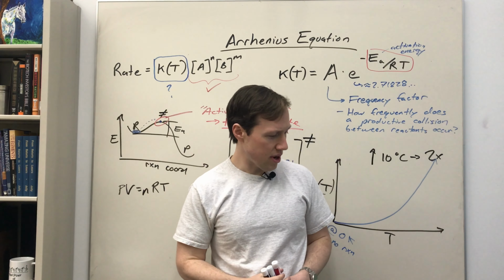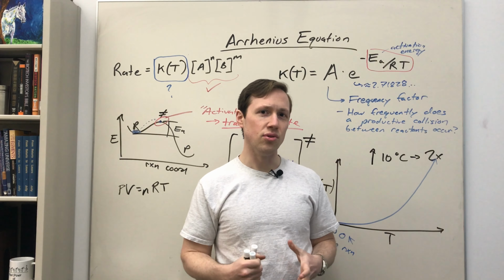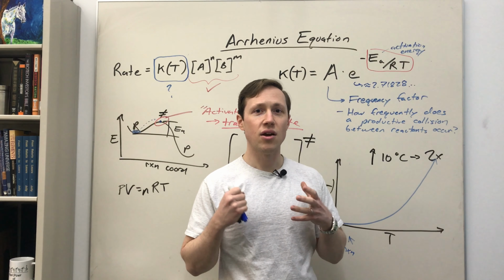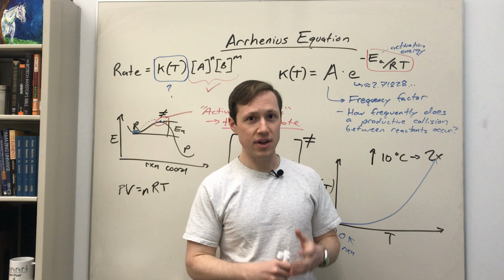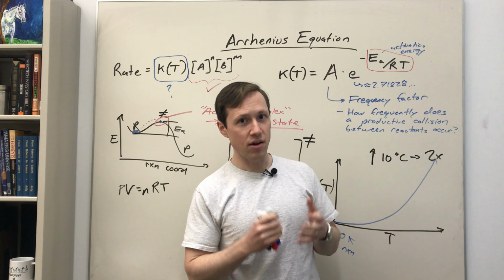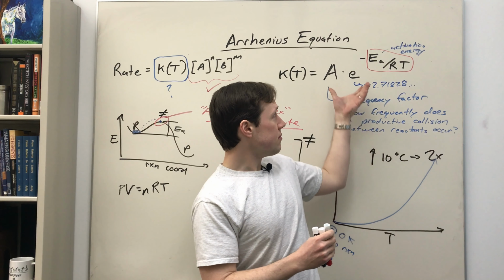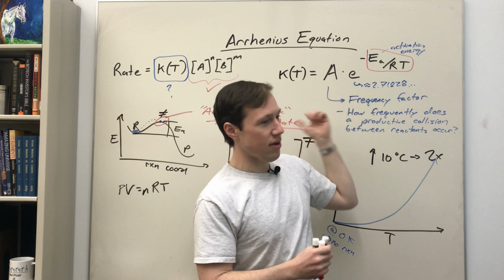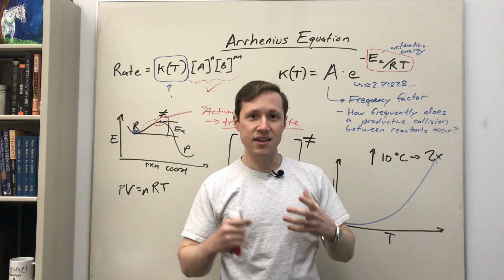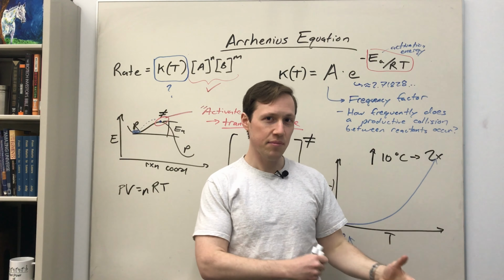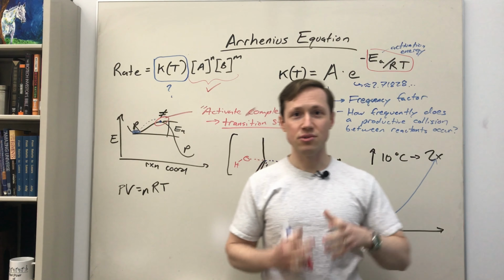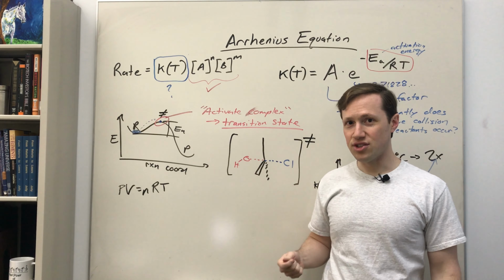The Arrhenius equation is a really valuable tool for understanding why reactions behave as they do. It also means that if we can measure the rate constant at a few different temperatures, we can actually determine the activation energy.